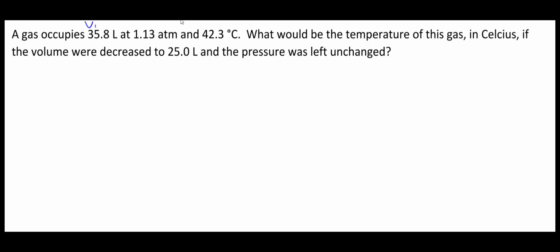It's at a pressure of 1.13 atmospheres and a temperature of 42.3 Celsius, which is the starting temperature. I'm skipping ahead and I see that the pressure is unchanged, so that means that I don't have to worry about the pressure. What would be the temperature of the gas in Celsius if the volume were decreased to 25 liters? That would be V2. And the unknown here is T2.